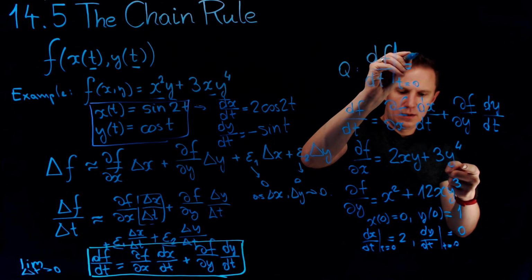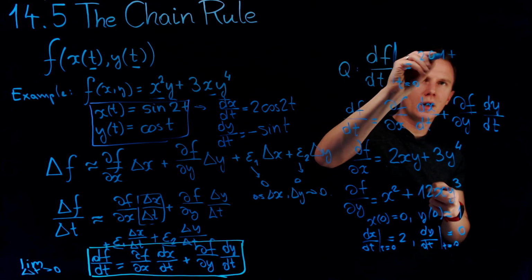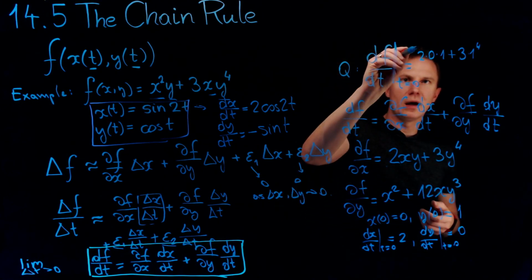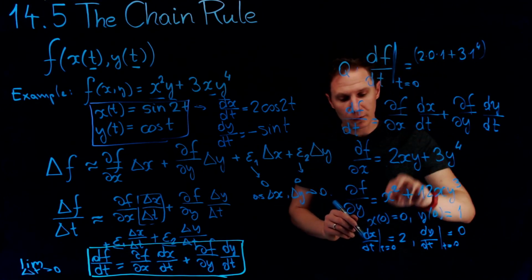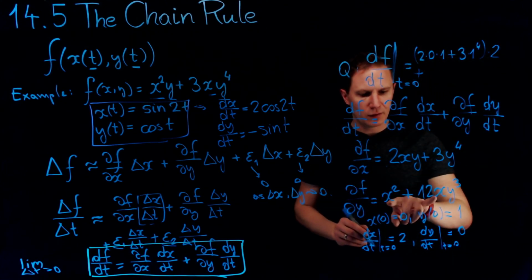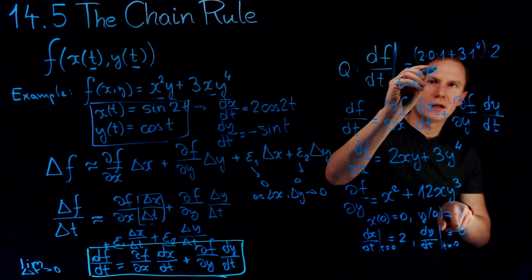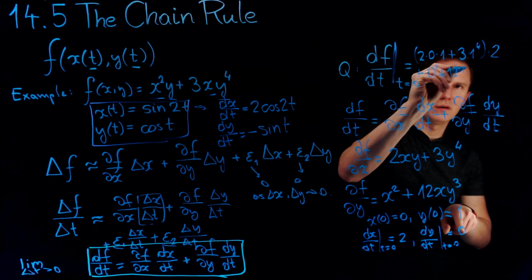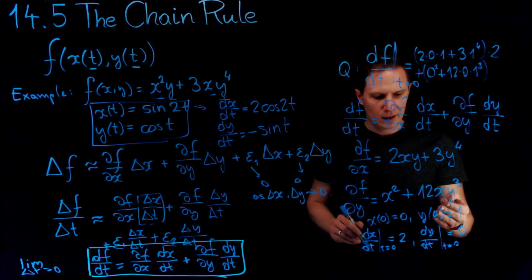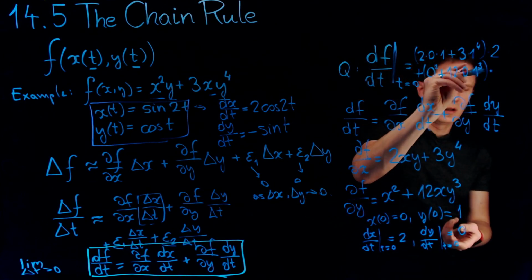So we have 2 times 0 times 1 plus 3 times 1 to the 4, and this is multiplied by the derivative of x, which is 2, and to this is added the y derivative at x equals 0, y equals 1, so that's 0 squared plus 12 times 0 times 1 cubed, and this is multiplied by the value of the derivative of y, which is 0.